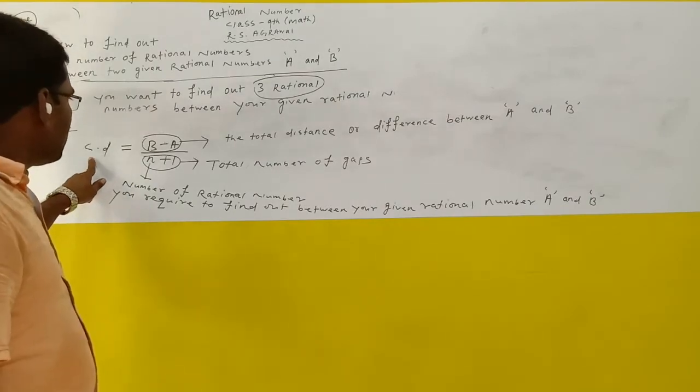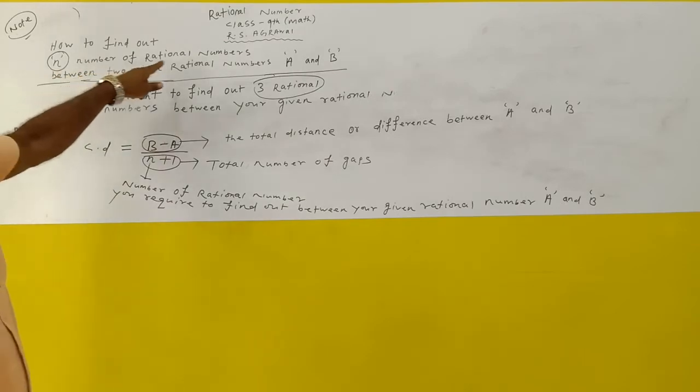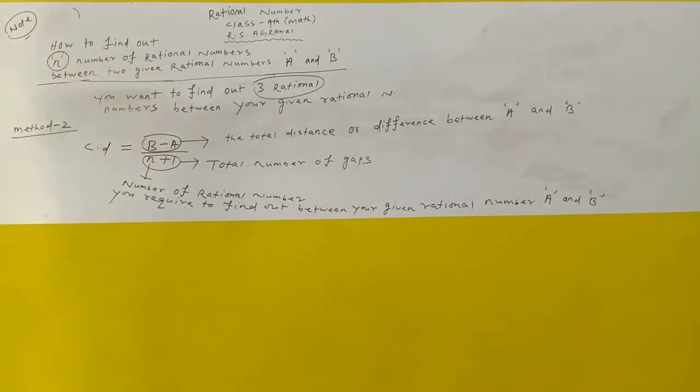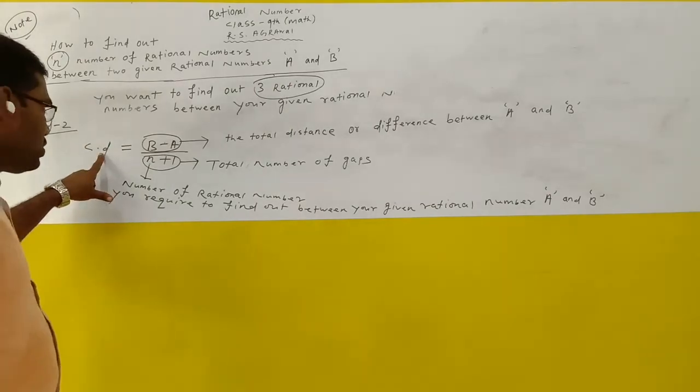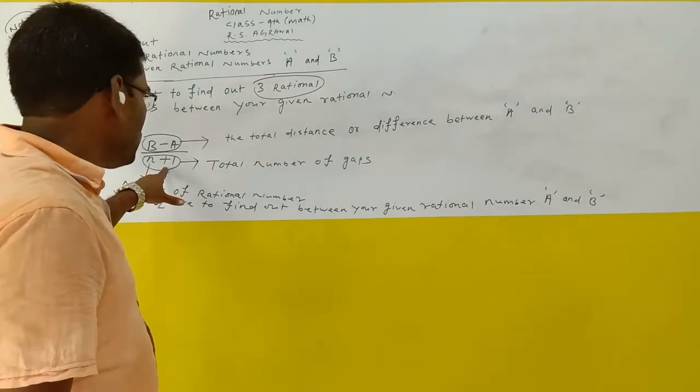While you go through this method to find n rational numbers between two given rational numbers A and B, first it is your duty to find the common difference, which is equal to (b minus a) divided by (n plus 1).